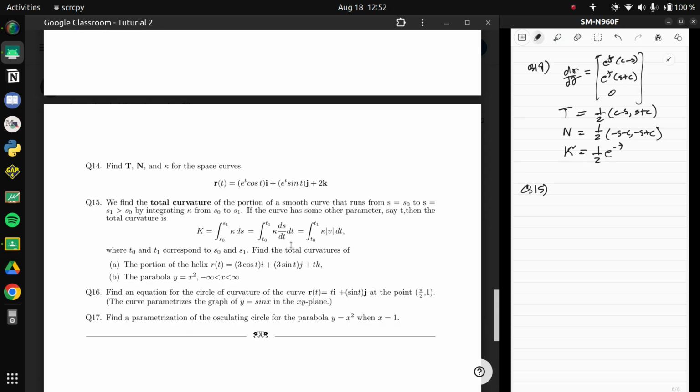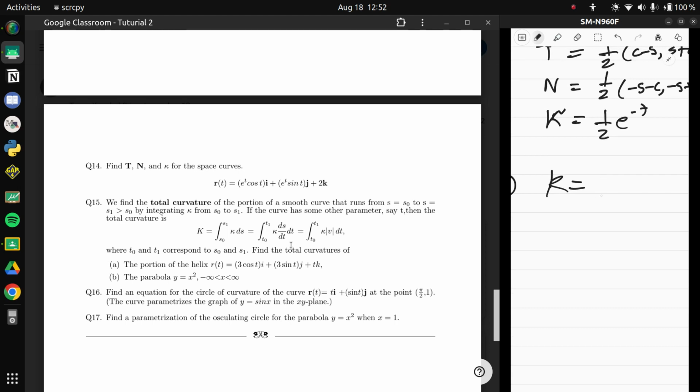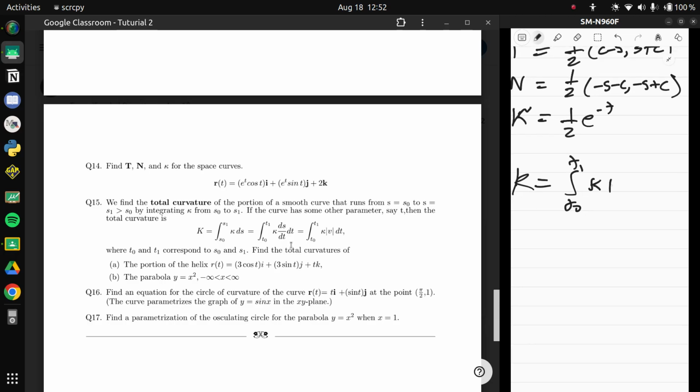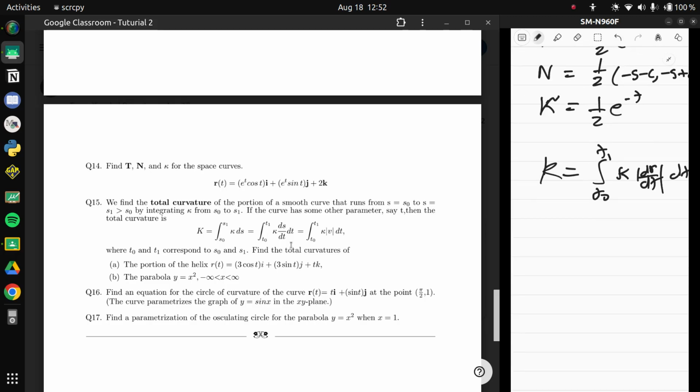So what you basically want is just this integral: capital K is equal to the integration from t0 to t1 of the small kappa, the velocity, so just basically the magnitude of dr upon dt, and then you got dt over there. Cool. So all you have to figure out is this and the dr by dt thing.